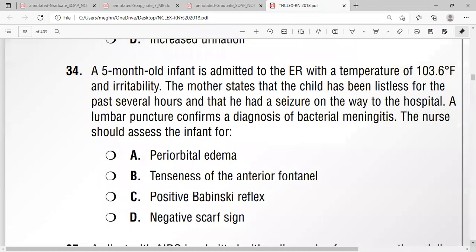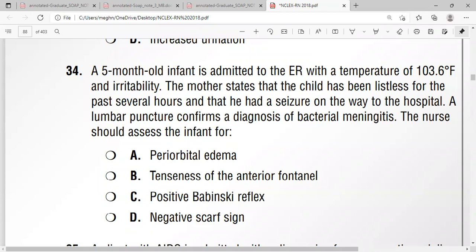Next question here. A 5-month-old infant is admitted to the ER, the emergency room, with a temperature of 103.6 Fahrenheit and irritability. So the patient has a fever.